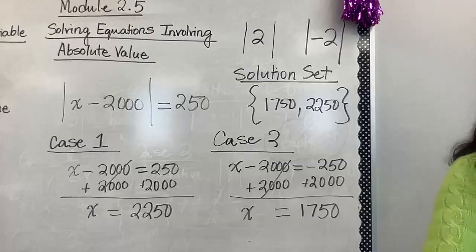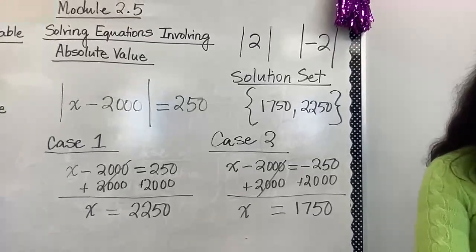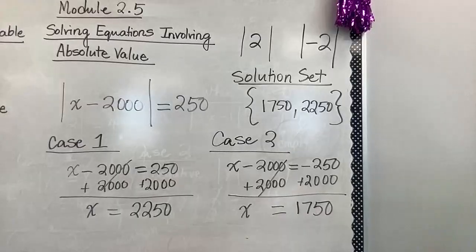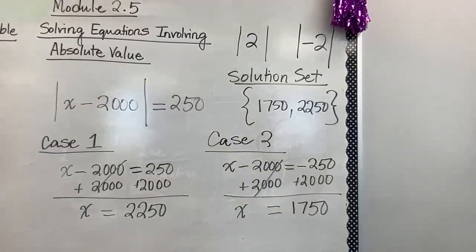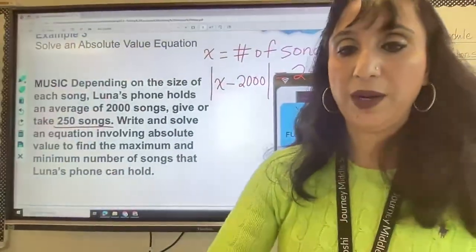Okay, so now what we are going to do is write an equation involving absolute value for the graph. So for this, I'm going to take you back to my whiteboard.